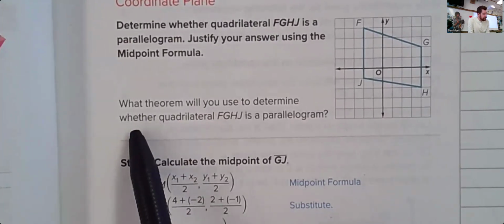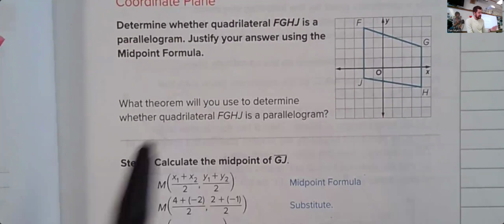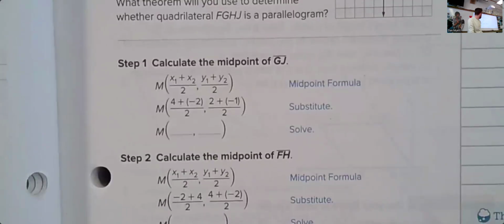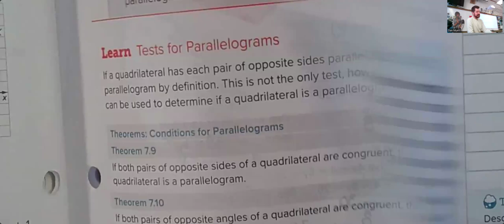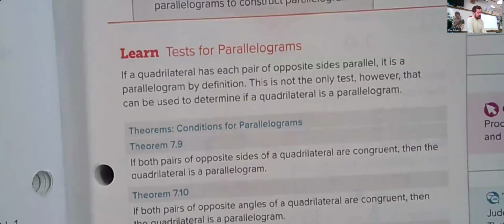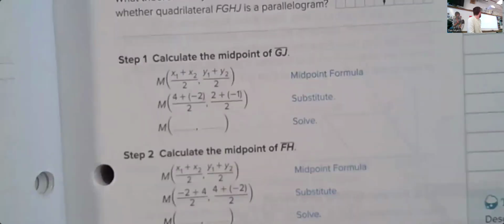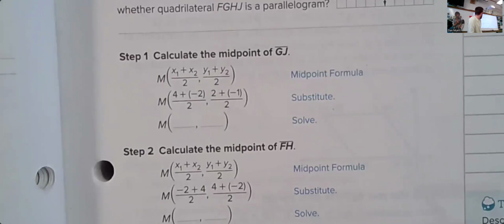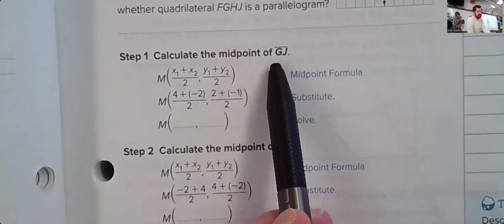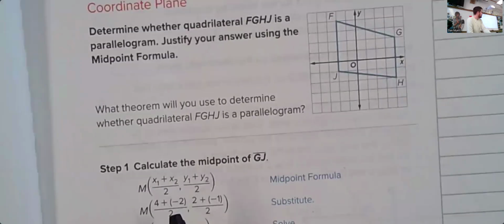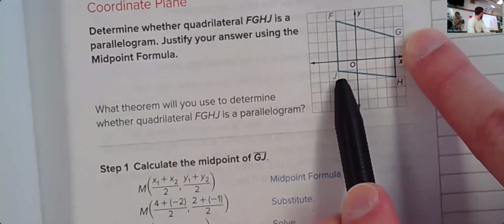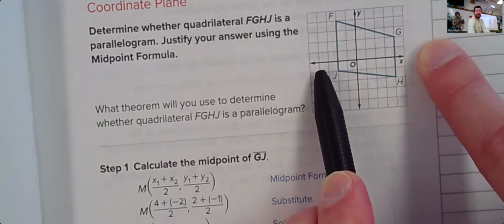So what theorem will you use to determine this? Well, it's using the one about midpoints. The one about midpoints means that we're cutting things in half. 7.11 is the one that had to do with diagonals bisecting each other. So this one is using 7.11. It's finding the midpoint between G and J, which if you were to connect those, that would be a diagonal.